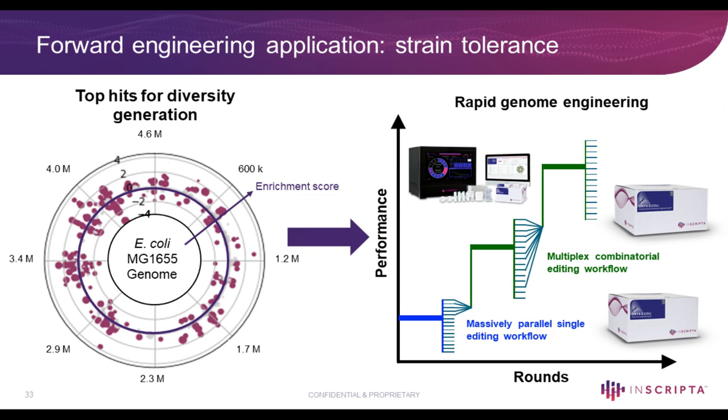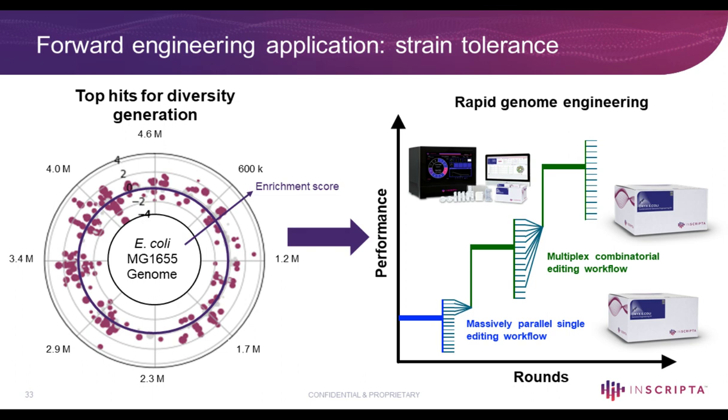So some of those top hits from that diverse library that was generated can be brought forward through multiple rounds, so that if you're really interested in getting the best possible strain to behave under a compound, you can carry this same workflow through and feed back those modifications.